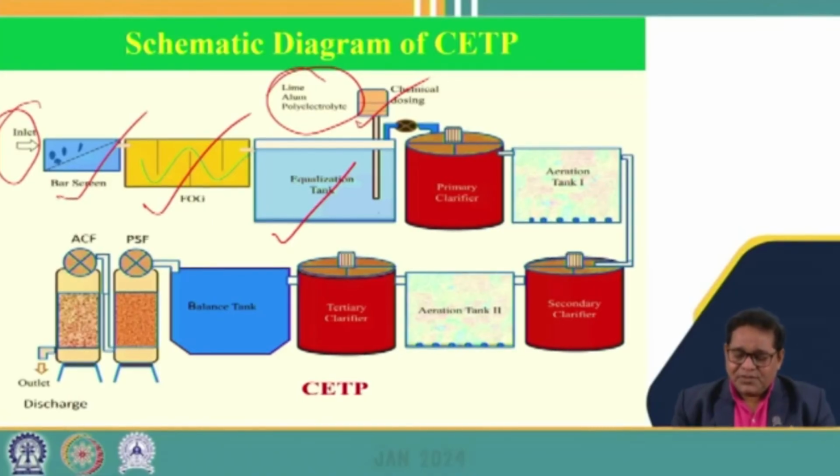After this coagulation and flocculation process, the water goes into the primary clarifier, where this flocculated water is taken for gravity separation of the sludge that is precipitated.